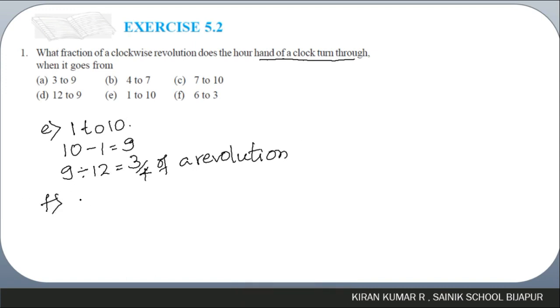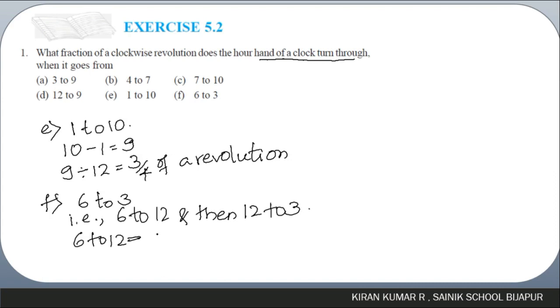Next is 6 to 3. That is 6 to 12 and then 12 to 3. When we do this 6 to 12, it means 12 minus 6, which will be 6, and 12 to 3 is same as 0 to 3.